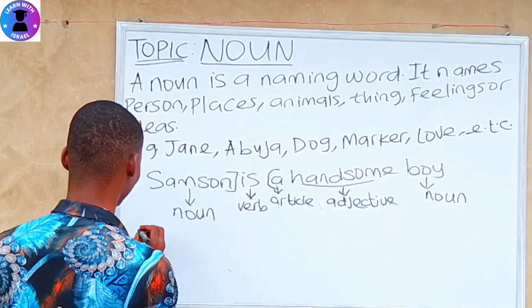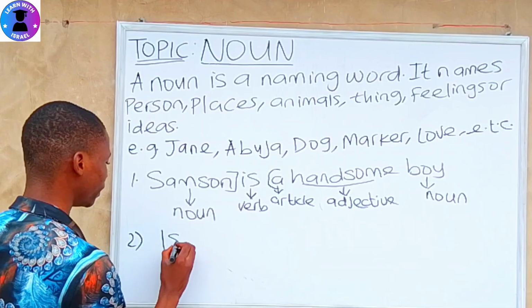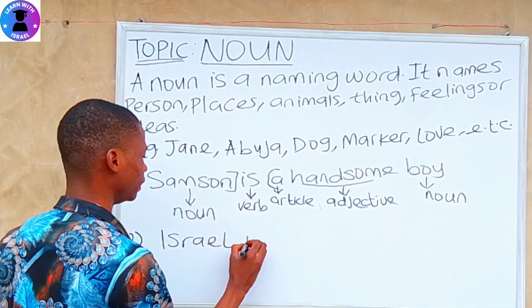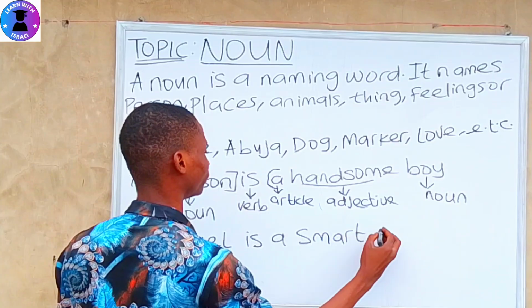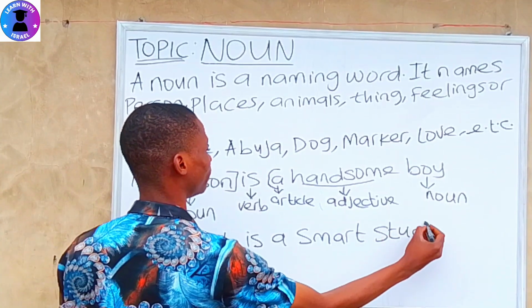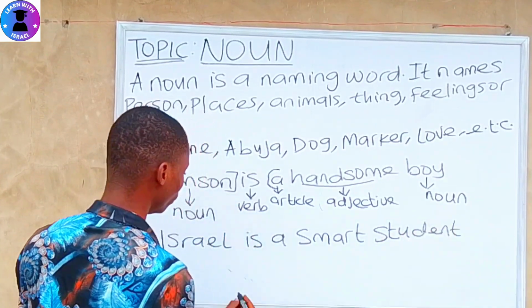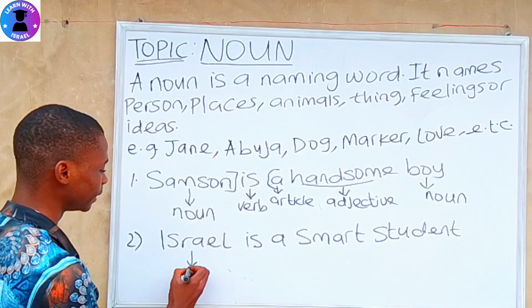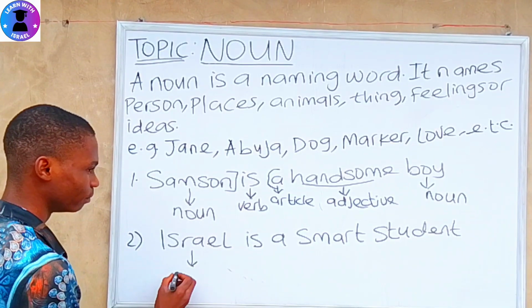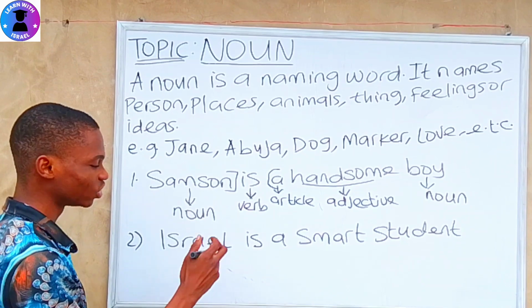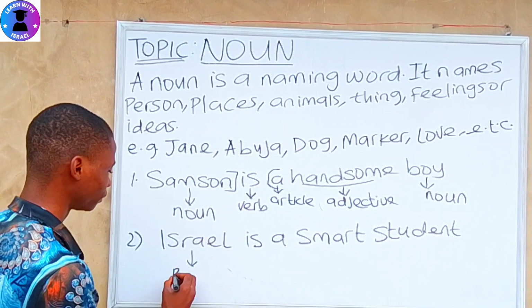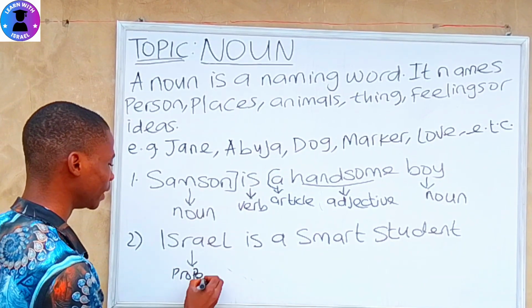So we also have another one. Israel is a smart student. So this Israel here is a noun. It is classified as a noun and it is also a proper noun. Why is it a proper noun?